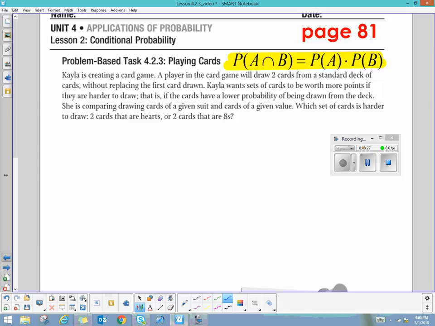So basically the problem is asking which set of cards is harder to draw? 2 cards that are hearts or 2 cards that are 8s? So really another way of calculating this is which one is going to give us a smaller probability, because the one with the smaller probability is going to be much harder for the event to occur.